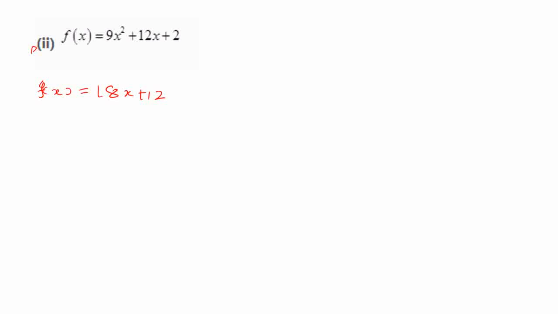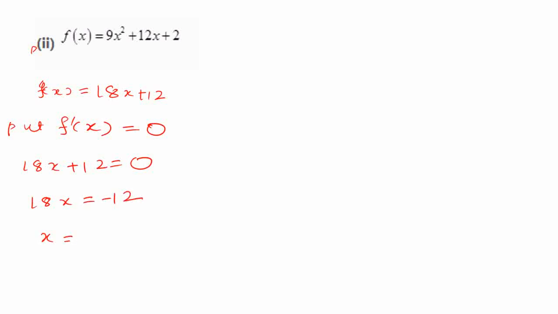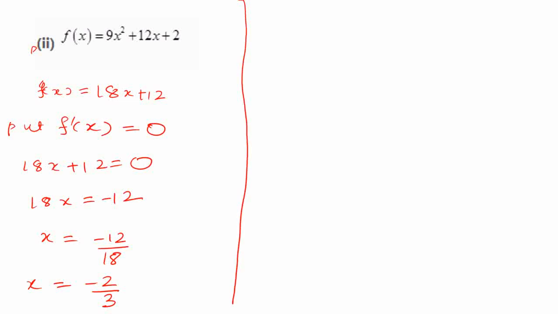Second step is put f dash of x equal to 0. So we will put 18x plus 12 equals to 0. 18x is equal to minus 12. x is equal to minus 12 by 18, that is minus 2 by 3. Okay, so this we got here x value.